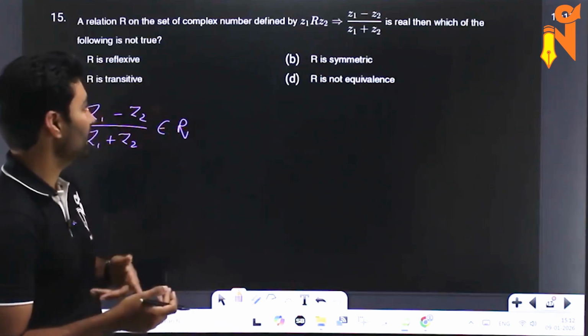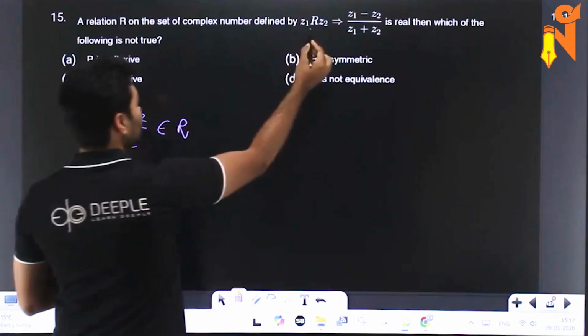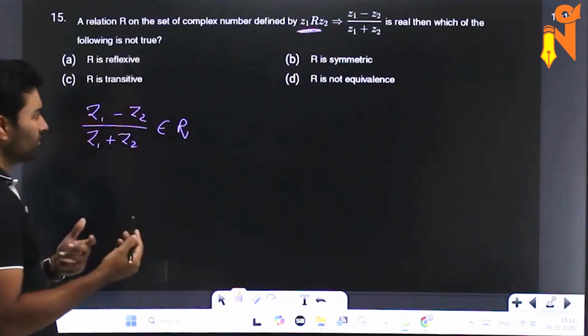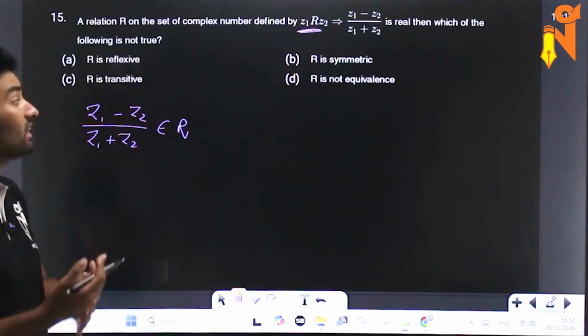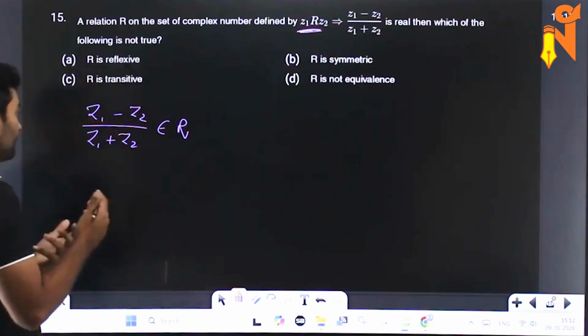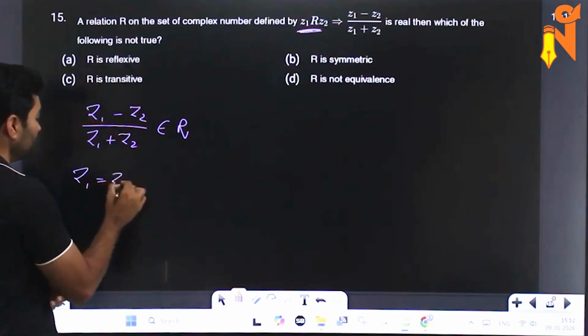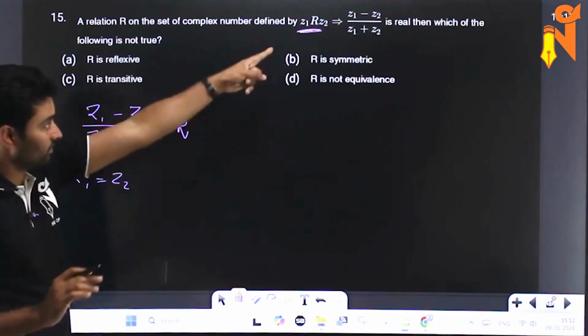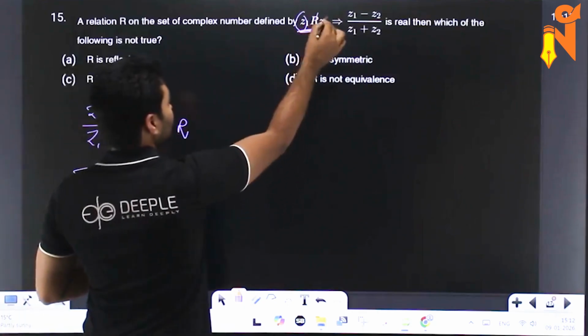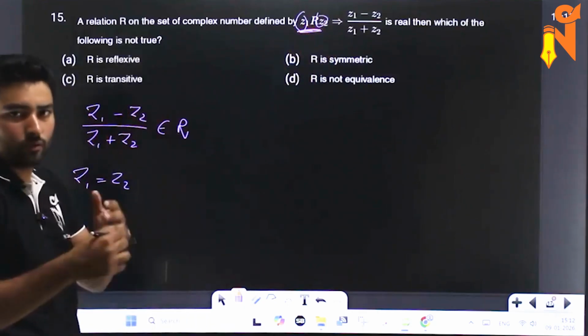Obviously I will try here, but this is the relation. Let's check first of all reflexive. In reflexive, what we will do, we will put z1 equal to z2, not randomly, focus here, so put the same, z1 equal to z2.